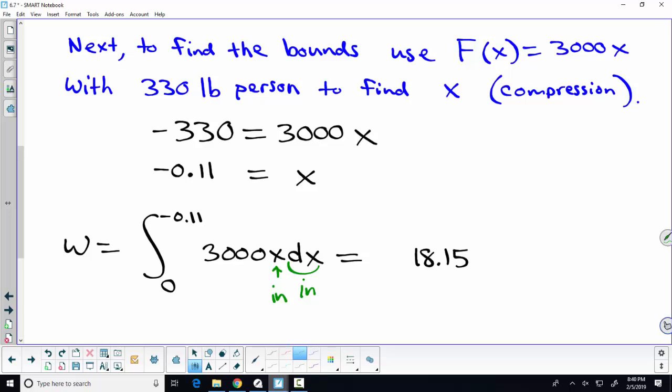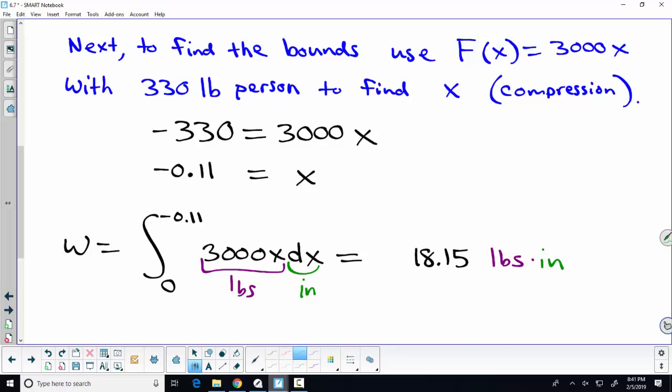So I guess this force is actually pounds. So that wouldn't make sense to have inches squared. We'll consider this whole thing together as our force. So that's in pounds. Multiplying, we would say inch pounds, I guess.